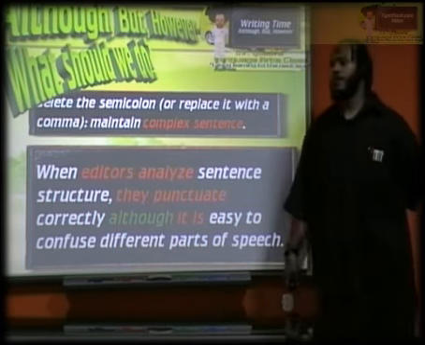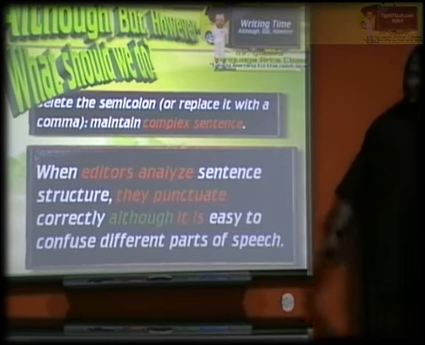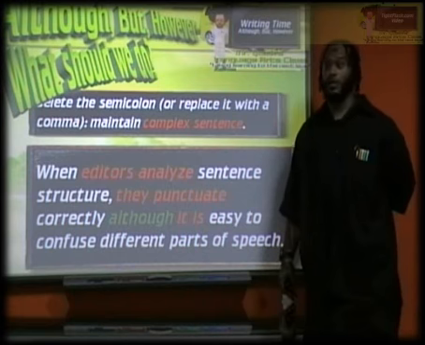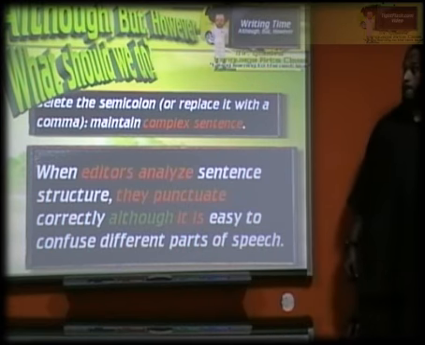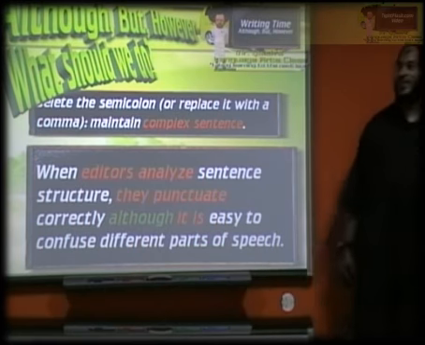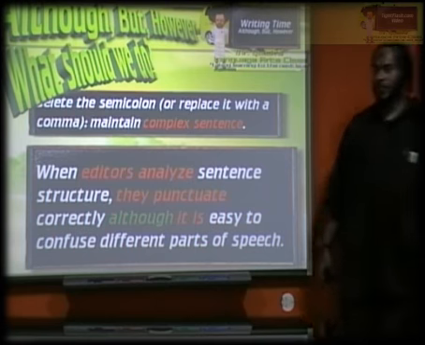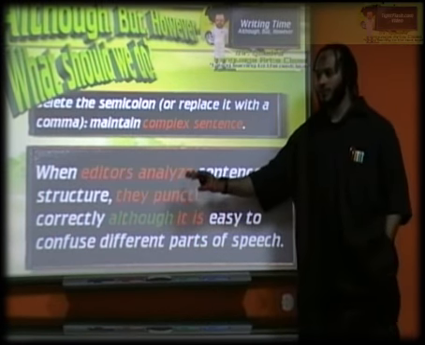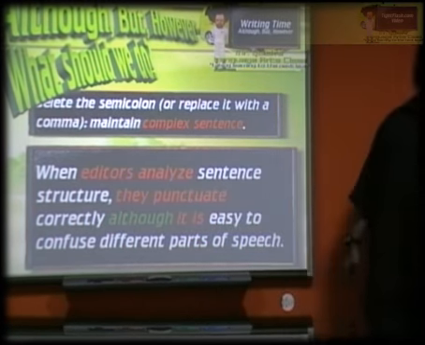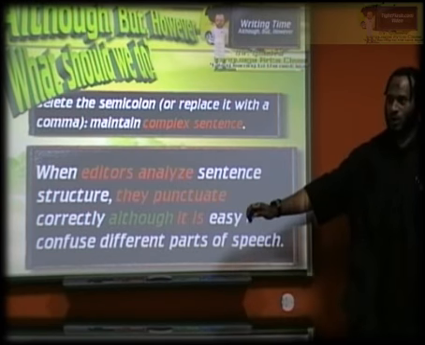Do you see any commas anywhere near although? No. Don't put any commas before or after although. Although doesn't like commas. Okay? Leave the commas out of it. We all have to agree.